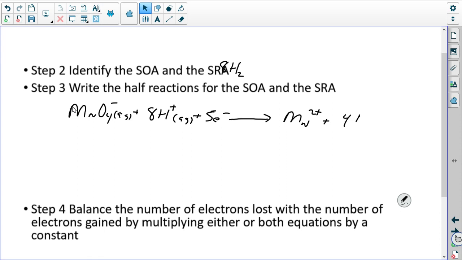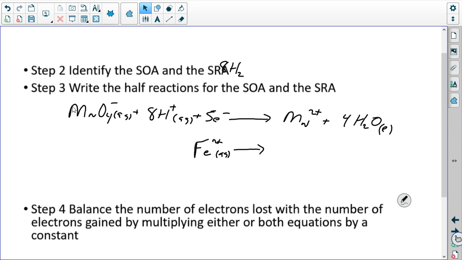So, from the data booklet in my head, there is your reduction half reaction. Now, our strongest reducing agent was Fe2+. So I'm going to take him.